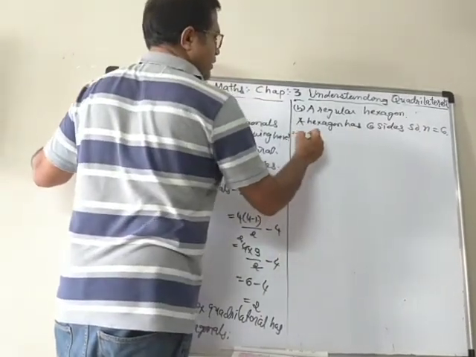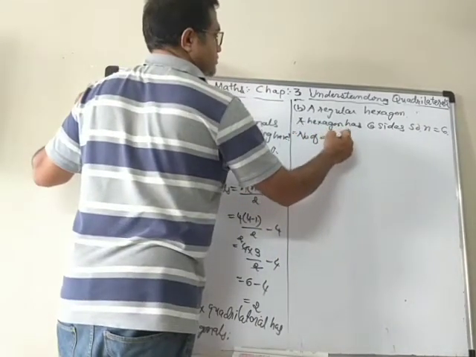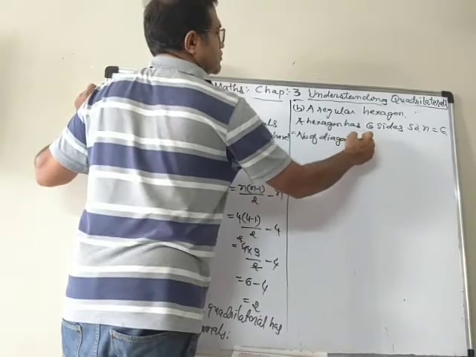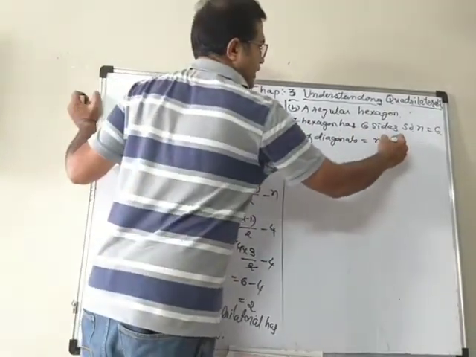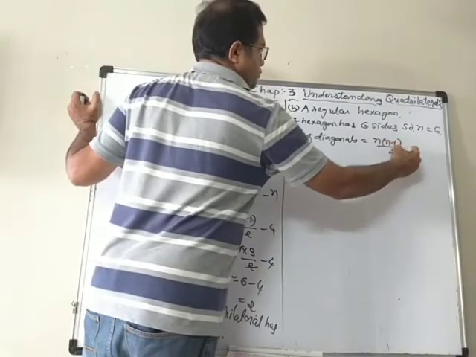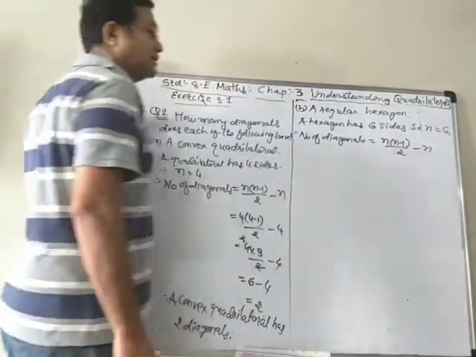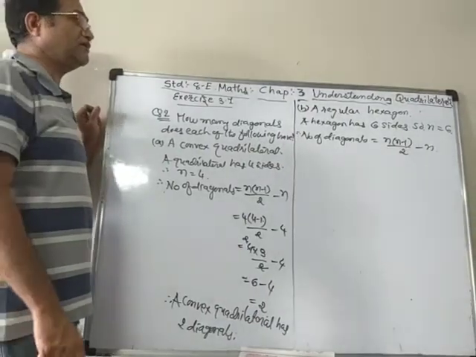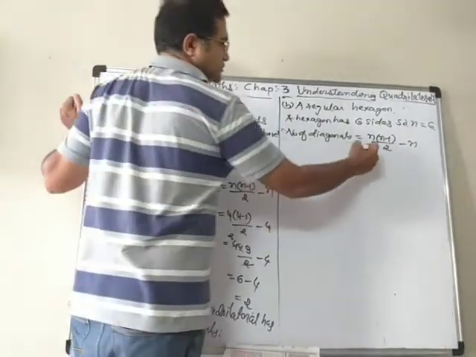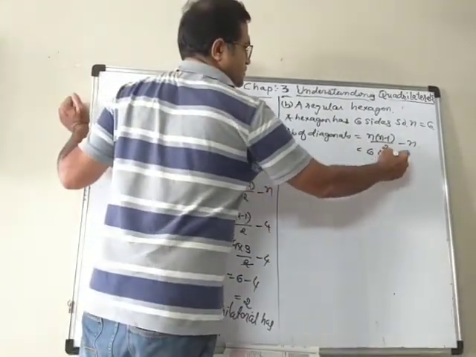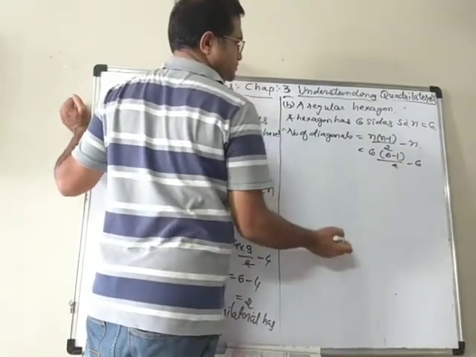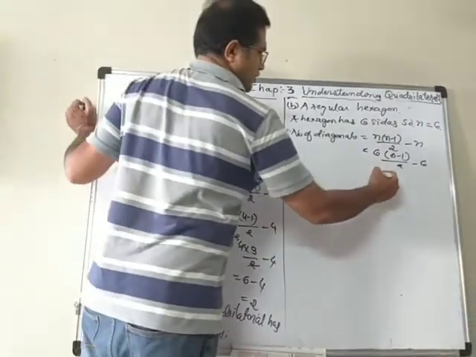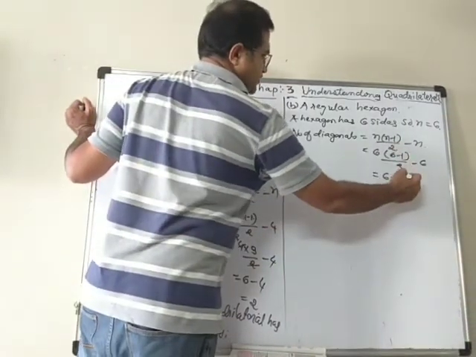So therefore number of diagonals, we know the formula, n(n minus 1) upon 2 minus n. So here we have to put n is equal to 6. So 6 minus 1 upon 2 minus 6 is equal to 6 multiplied by 6 minus 1 is 5.